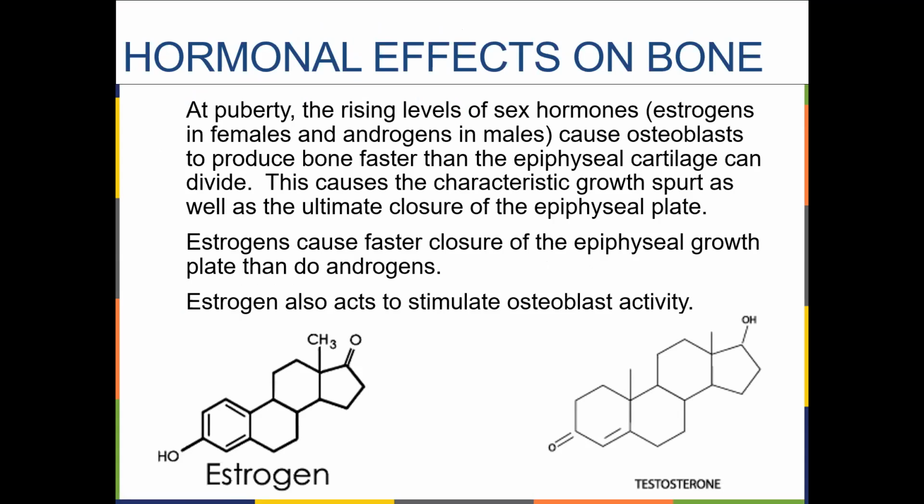Now, the whole idea of the onset of puberty is caused by the release of androgens. Androgens are sort of non-specific sex hormones released by the adrenal glands. They probably trigger puberty. Now, androgens are essentially testosterone.